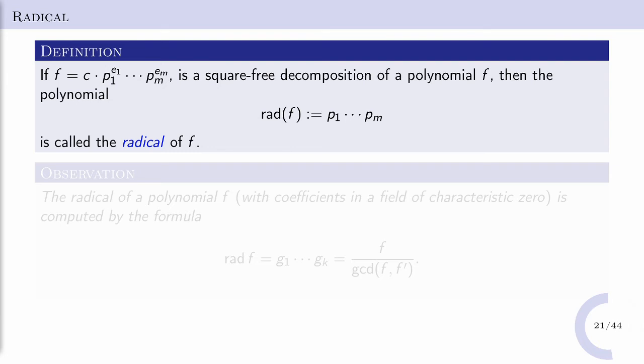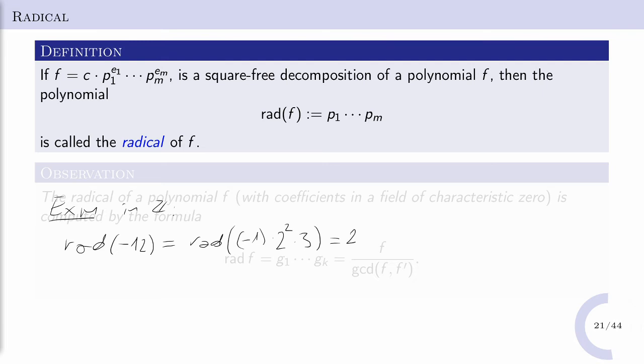So let me compute the radical of an integer. Example in the integers: let me compute the radical of minus 12. I can factor minus 12 into the unit, minus 1, times 2 square times 3. And the radical is, okay, we drop the unit, so we drop this minus 1, and we drop all the exponents.